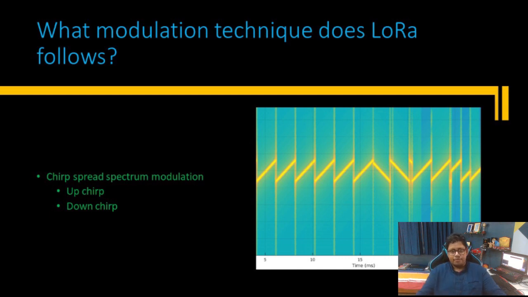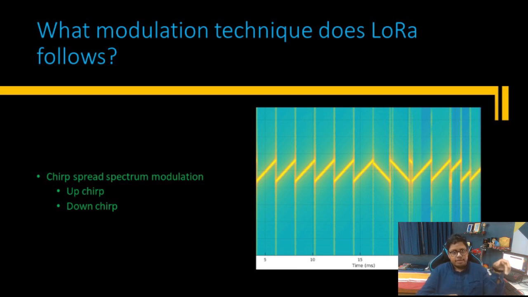If you want to transmit, let's say, high, that is digital 1, then you start from a low frequency, let's say X, and it gets increased over a certain time period to Y, which is a higher frequency. This shifting from X to Y, from a low frequency to a high frequency over a period of time, is known as an up chirp, while the reverse, from high frequency to low frequency, is called a down chirp.